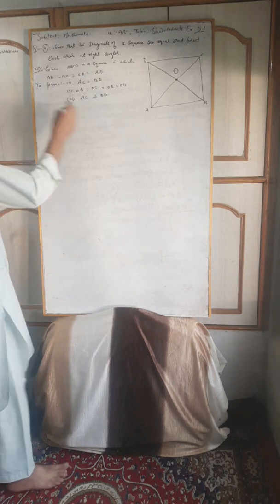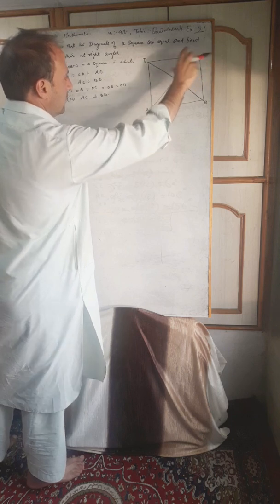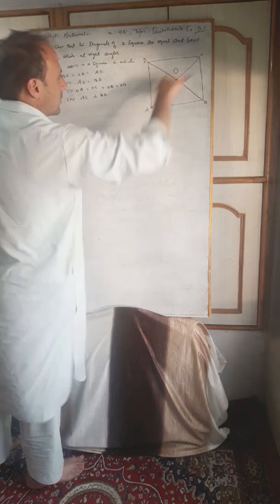Now, first of all, we will compare two triangles, triangle OAB and triangle OCD. Here, AB is parallel to DC and AC is the transversal.